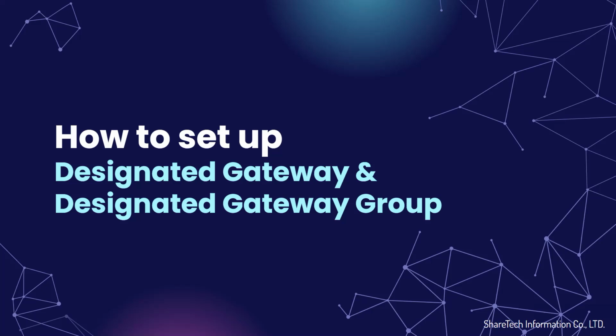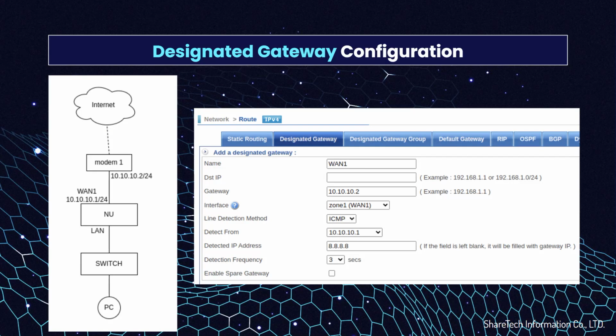How to set up those? This is designated gateway configuration. The diagram on the left shows the architecture where we set WAN1 as the designated gateway. You can refer to the settings on the side. The first one is a required field.